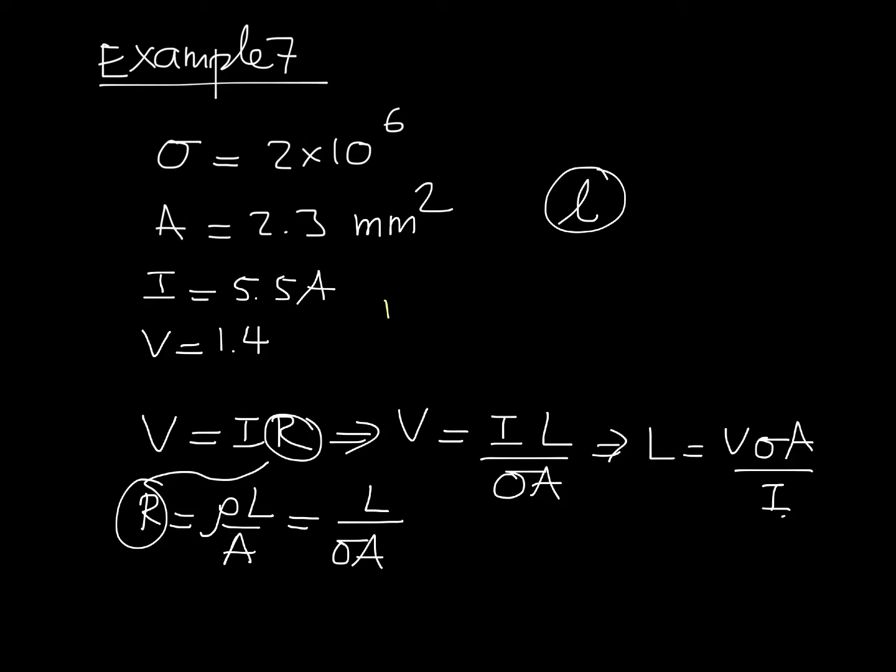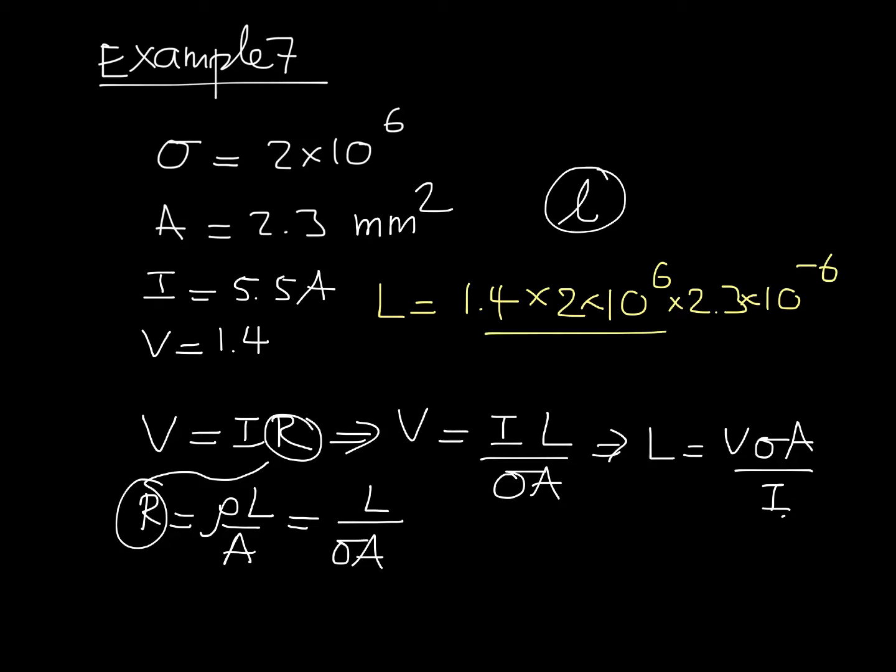So we've got L equal to V, 1.4, times sigma, 2 times 10 to the power of 6, times 2.3 times 10 to the power of minus 6, divided by the current 5.5.